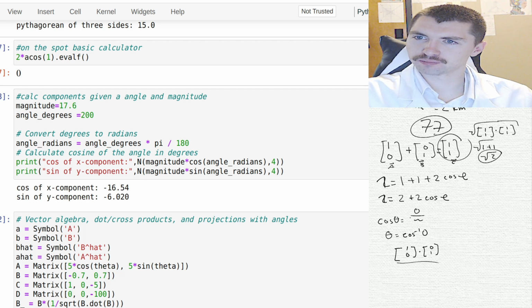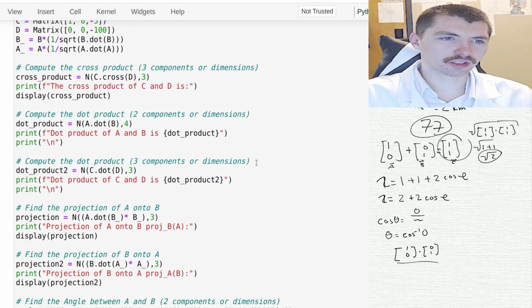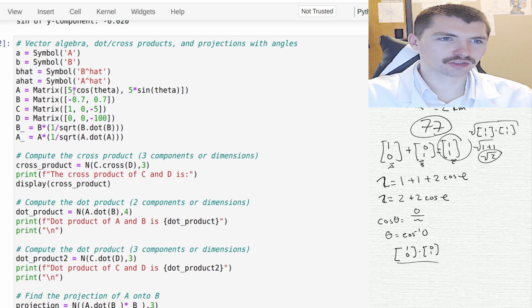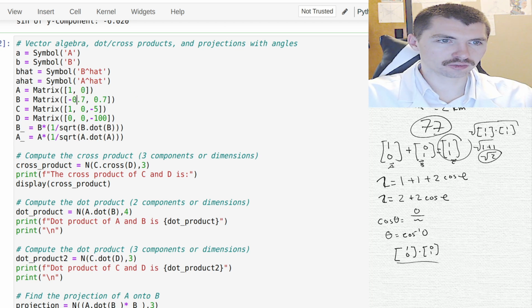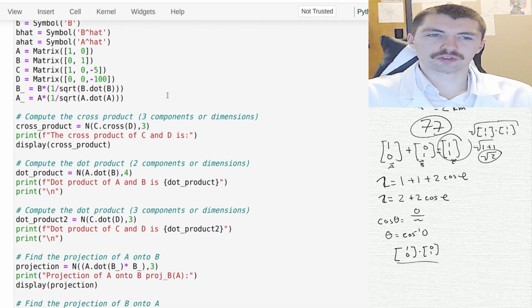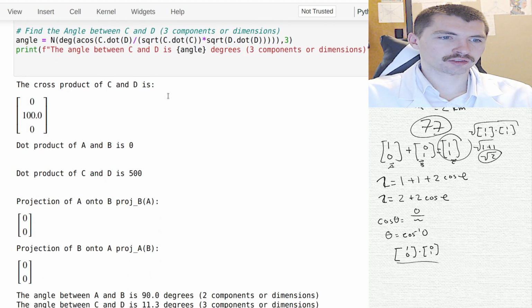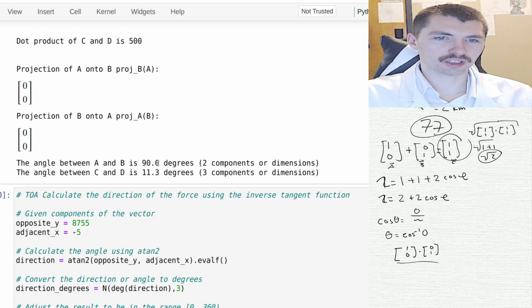So let's try calculating it. 1, 0, 0, 1. Okay, we're looking for the angle between A and B. It's 90 degrees.